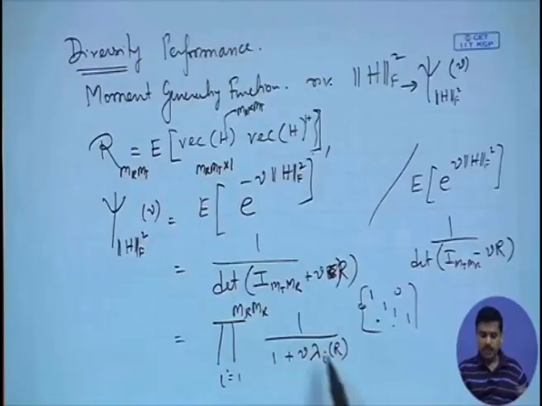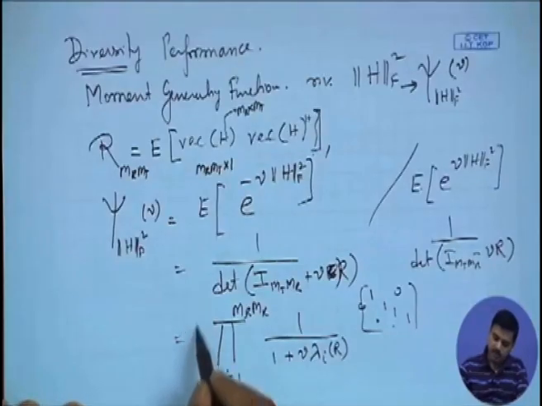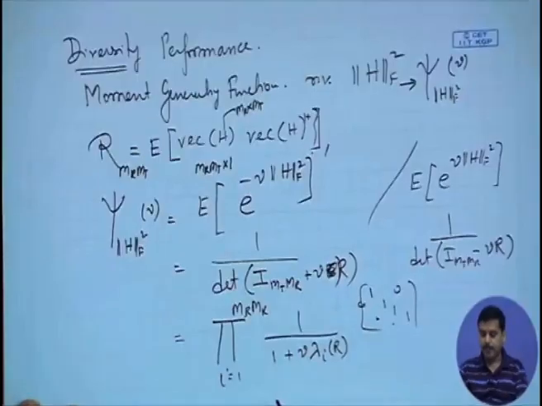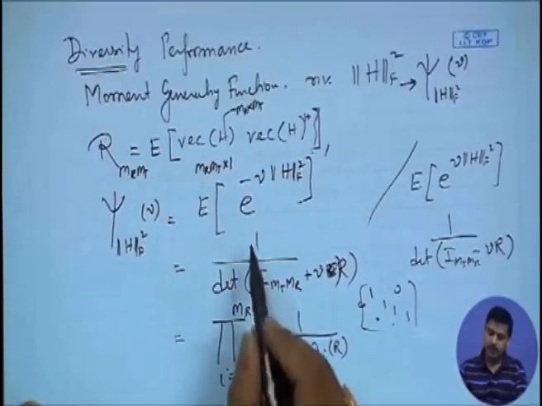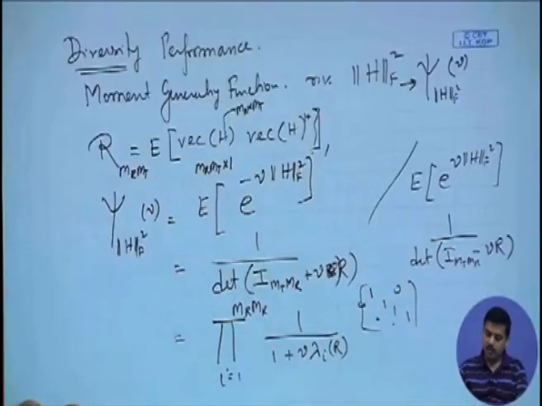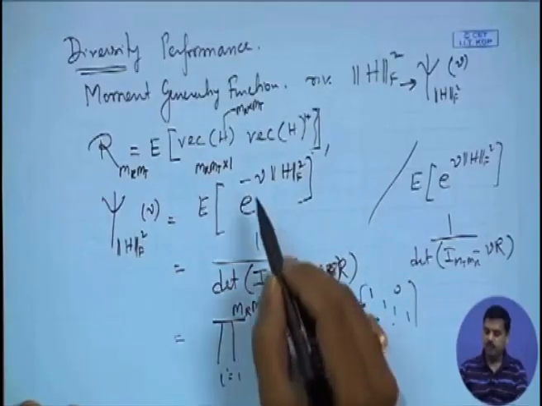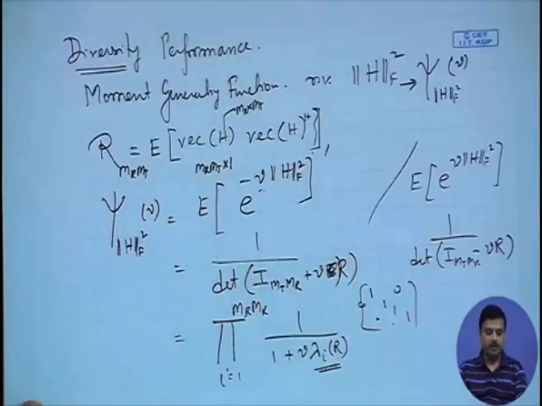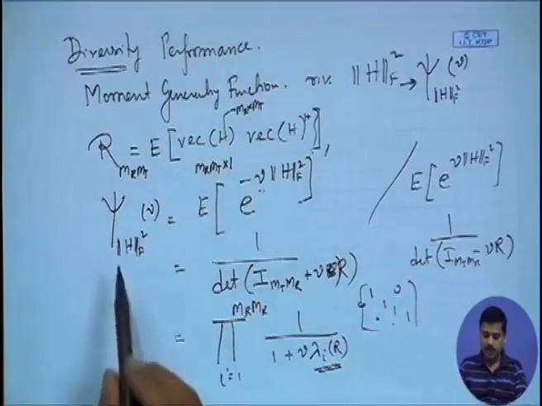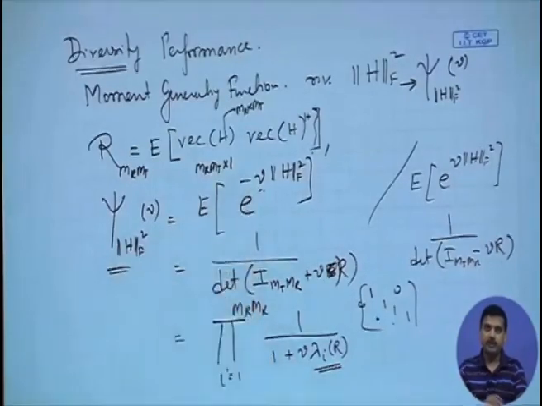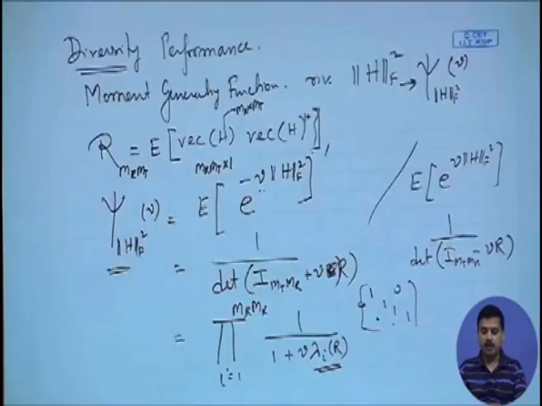Once we write this, this particular expression is going to help us in calculating the diversity performance, because we'll often be getting expressions of this order, which will be very useful. What we need to note is we have to use the eigenvalues of R, and find this variable nu, which will be very helpful in calculating psi of nu. We will replace nu with the appropriate value, and we'll be able to calculate our error probability expression.